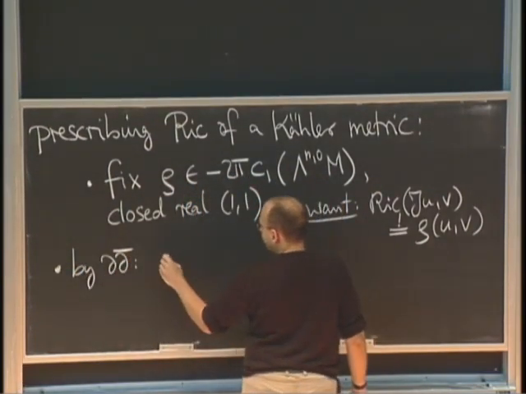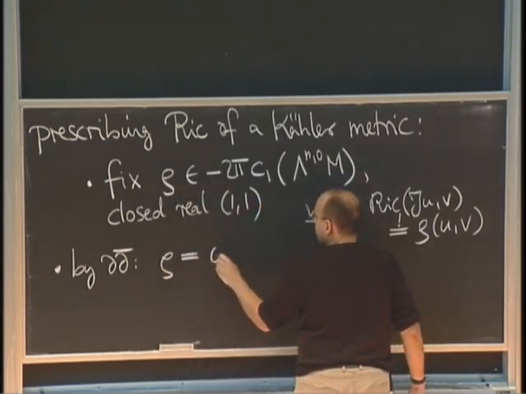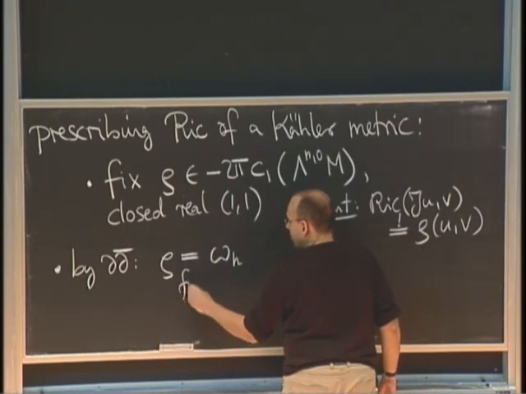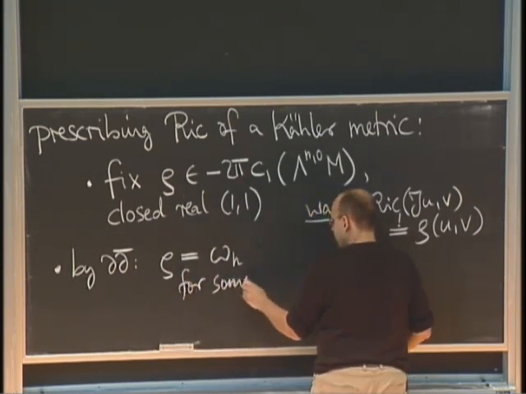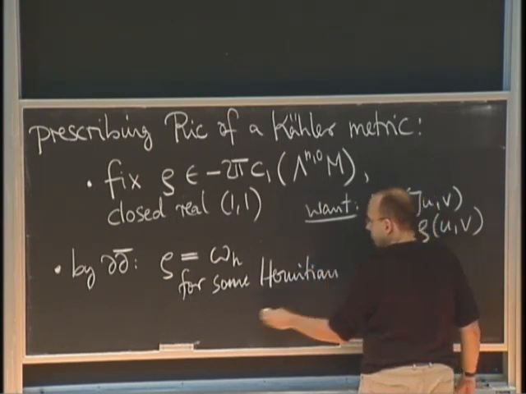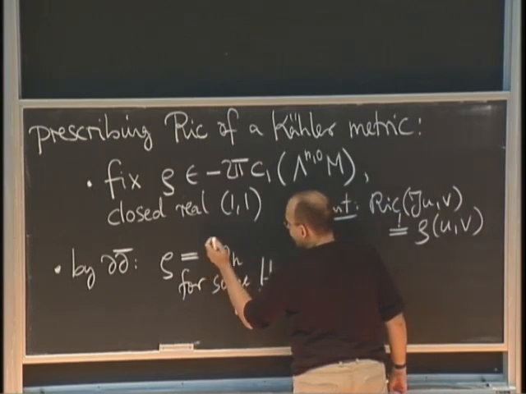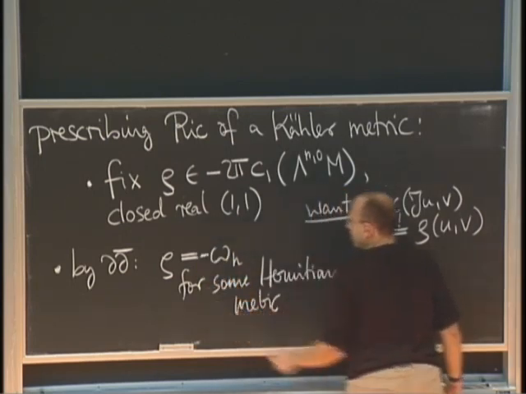So I know that rho is actually omega sub h for some Hermitian metric h. The minus sign everywhere.